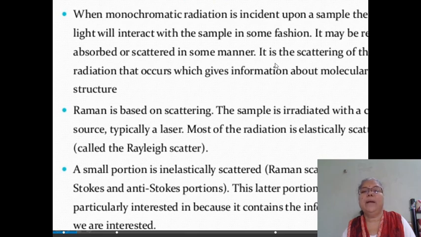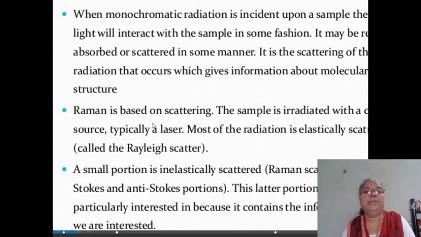It is the scattering of the radiation that gives information about the molecular structure. Remember, Raman spectroscopy is related with the fact that when light is incident on matter, whether in solid, liquid, or gaseous state, scattering of light takes place.